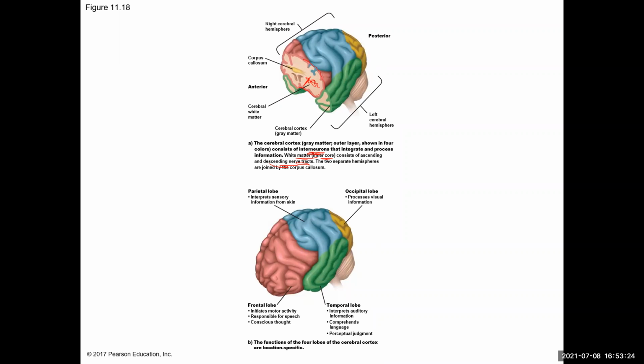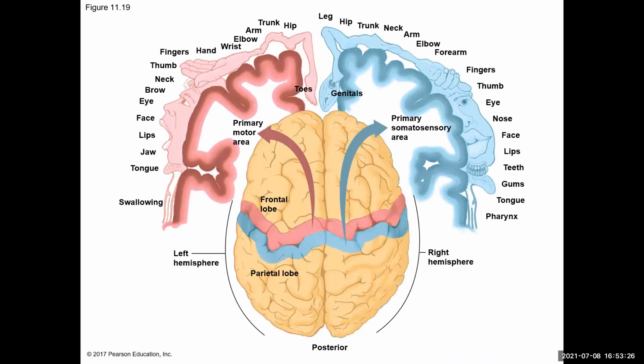Now, like I mentioned, you can look at the cerebral cortex, and where you are in the cortex determines what area of the body it is responsible for controlling. So for example, this area is swallowing, whereas this area is your hips and your toes. This area is your pharynx and your tongue.